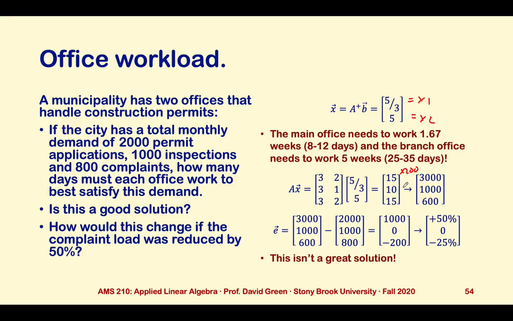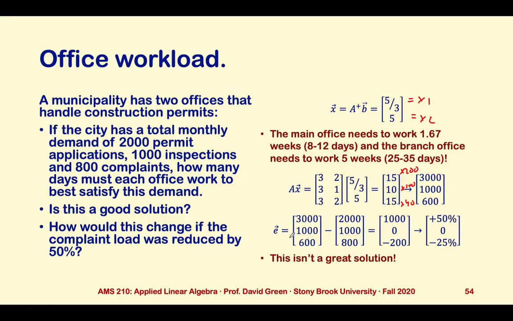We scaled our second row by 100, giving us 1,000, and we scaled our third row by 40. This converts us to 600. Right? These are quite different than the actual demands for the permit applications and the complaints.